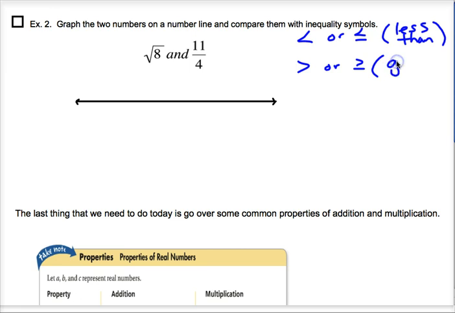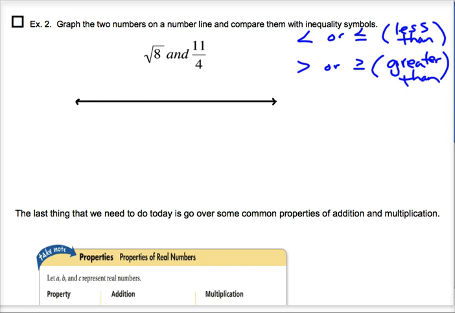These are your greater than symbols. So we want to put a symbol in between the square root of 8 and 11/4, one of those 4 symbols. Obviously, you could use a couple of them because you could switch the order of them. But if you left square root of 8 on the left, I would only use one of them.